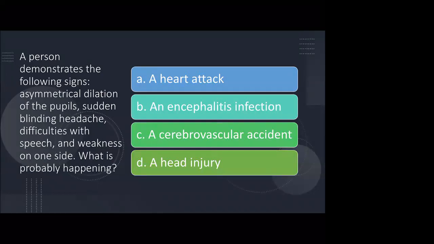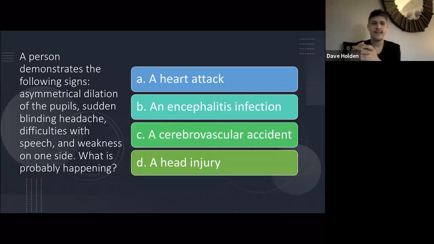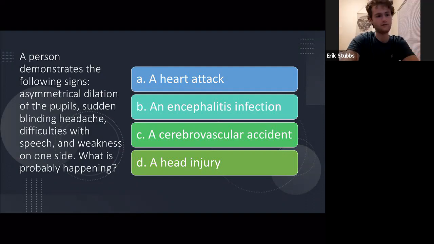A. Got a variety of guesses here. So let's think about this.